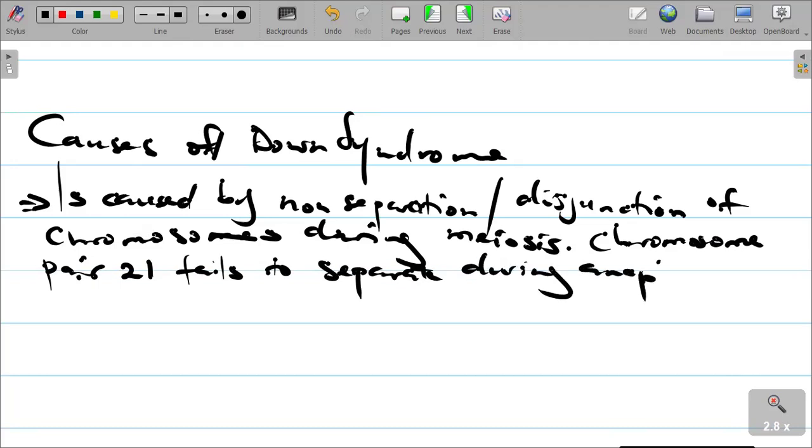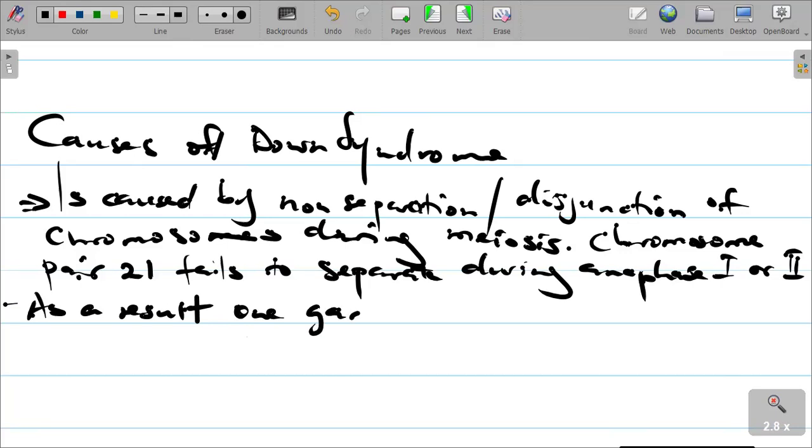As a result, one gamete, the sperm cell or the egg cell, actually receives 2 copies of chromosome 21.